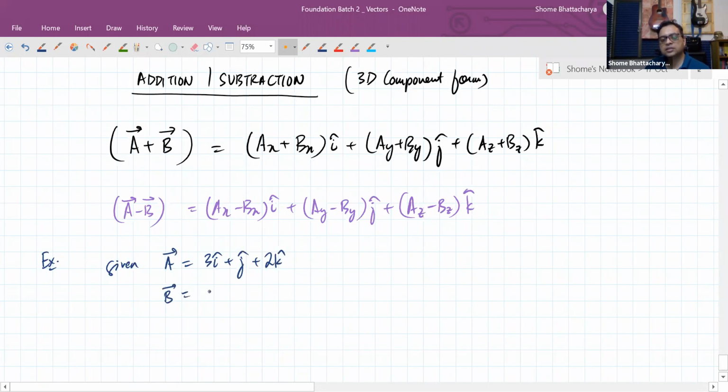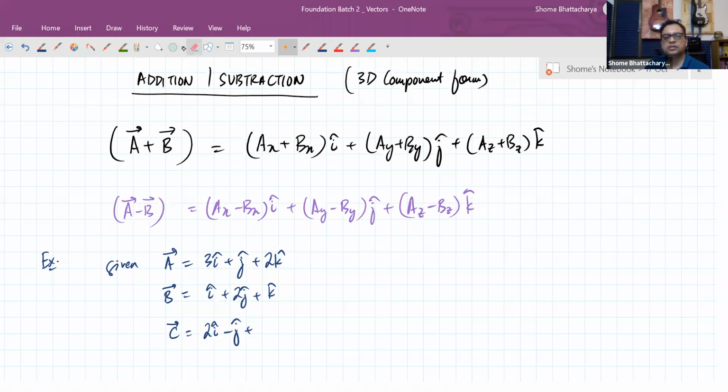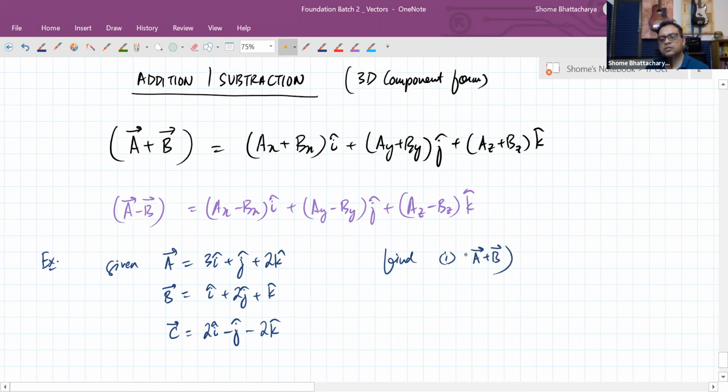Vector B is i cap plus 2 j cap plus k cap. And suppose vector C is 2 i cap minus j cap, and let's say minus 2 k cap. Then find A plus B. Okay. And the magnitude of A plus B.